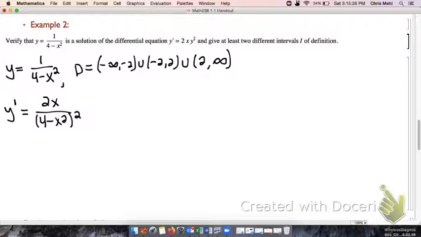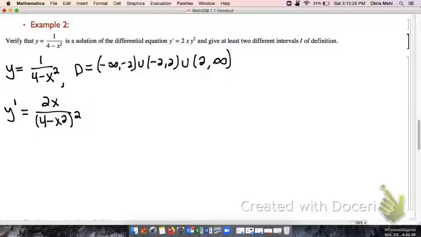Now, the only rule is that the original function and all of the derivatives involved in the differential equation, as well as the differential equation itself, must be defined. Notice it's 2xy squared, so there are no restrictions on x there. You need to make sure that the differential equation is defined on the interval, and that the dependent variable and its derivatives are also defined and continuous on whatever interval you choose.